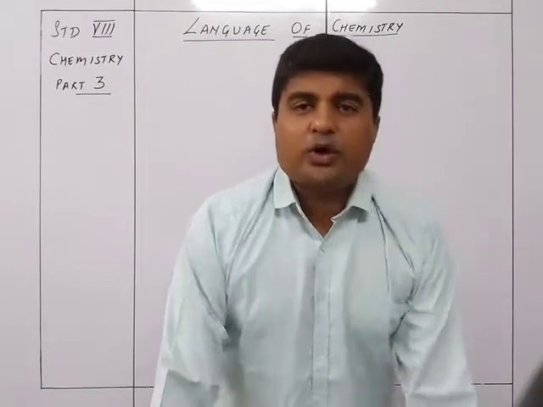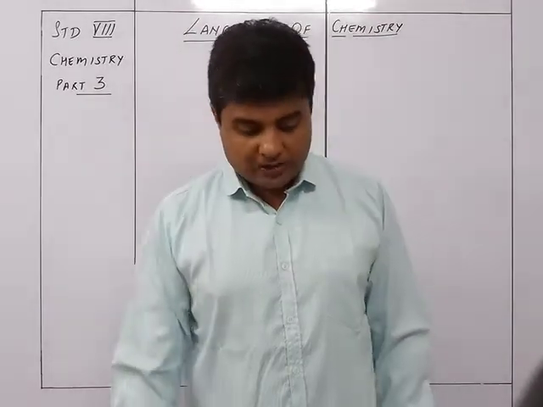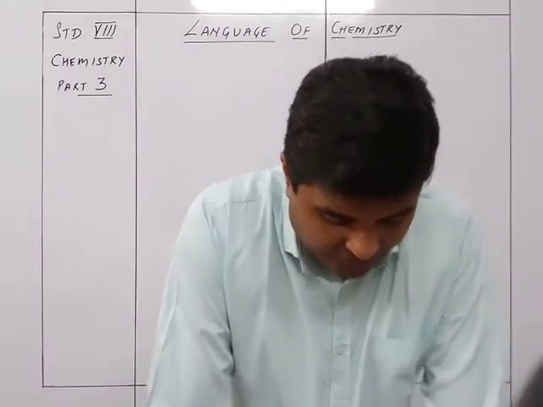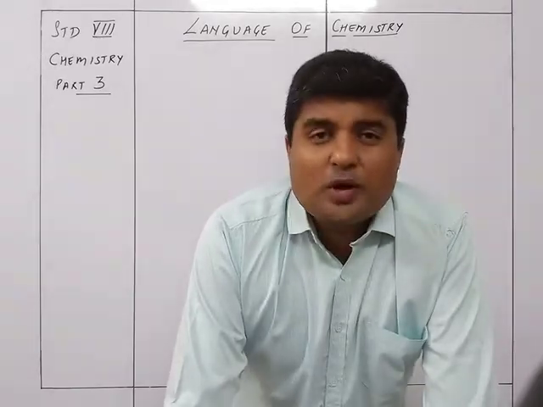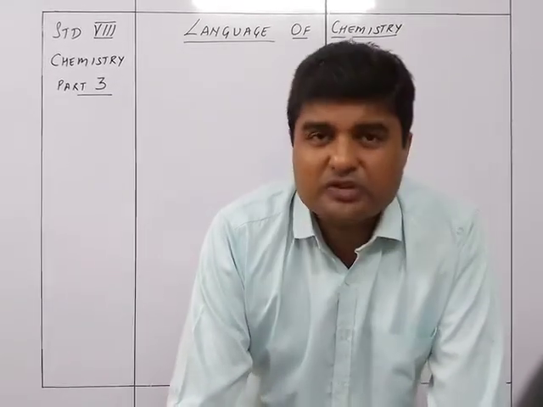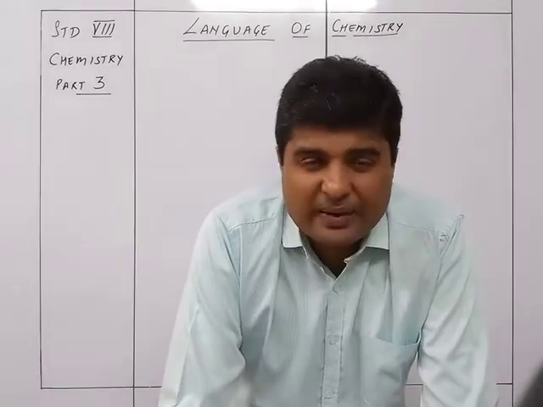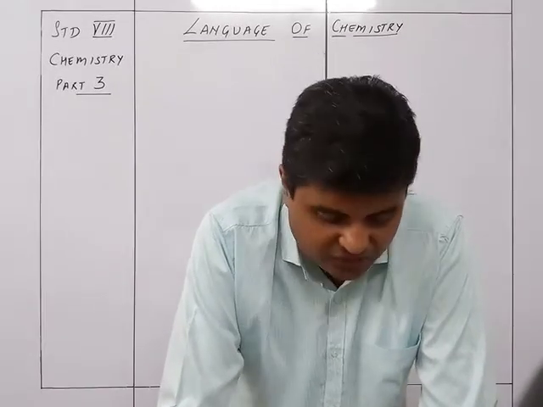Silicon is 2, 8, 4, so 4 is the valency, and it is a metalloid. Phosphorus is 2, 8, 5, it has double valency, 3 as well as 5, because of its special kind of structure. It's a non-metal.